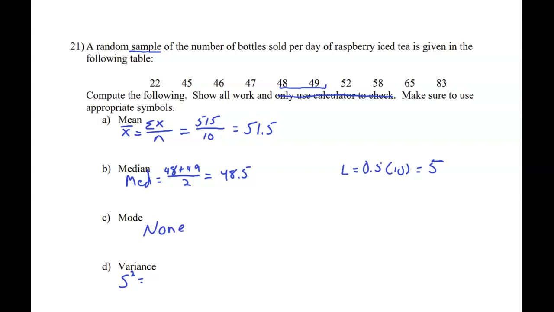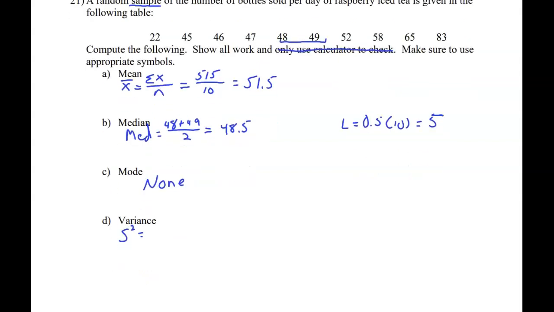Now again, you can use the formula for variance, which says that you're going to take each value and subtract the mean, square those values, and then add them up, and divide by n minus 1, so in this case divide by 9, and that will be your variance.